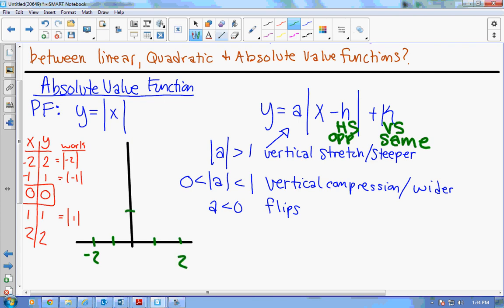It's like we're just going from 1 to 2. Label everything. We're trying to find out what shape this graph takes. -2, 2, -1, 1, 0, 0. Then we have symmetry. Interesting.